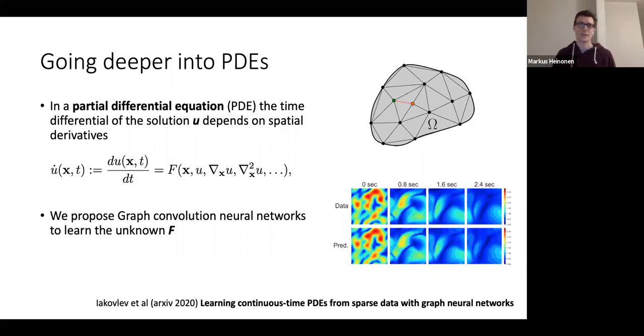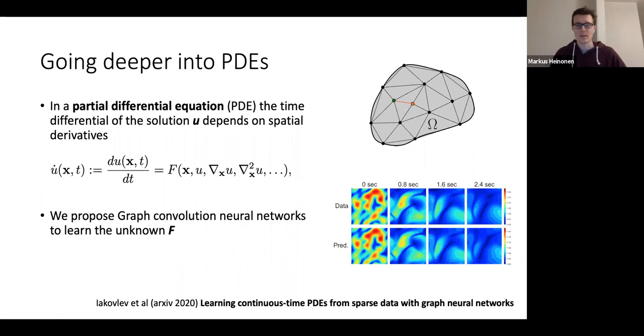In a partial differential equation, the direction a single particle goes depends on its neighboring particles, because the time derivative of the system depends on the spatial derivative of the system. So basically neighboring points. And this is something that has been done already quite a lot.